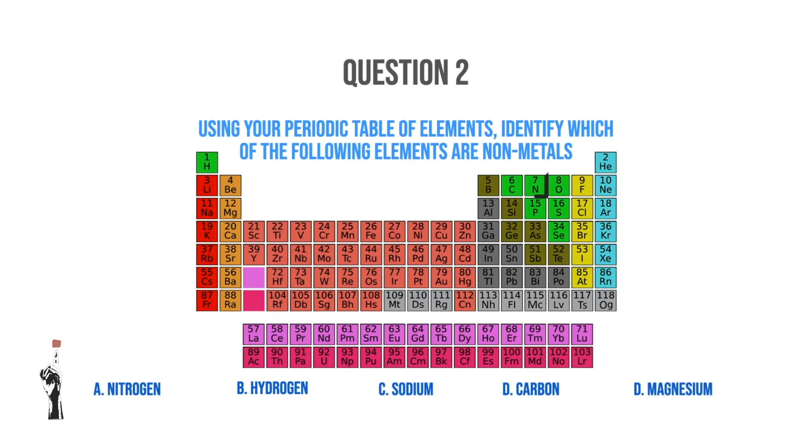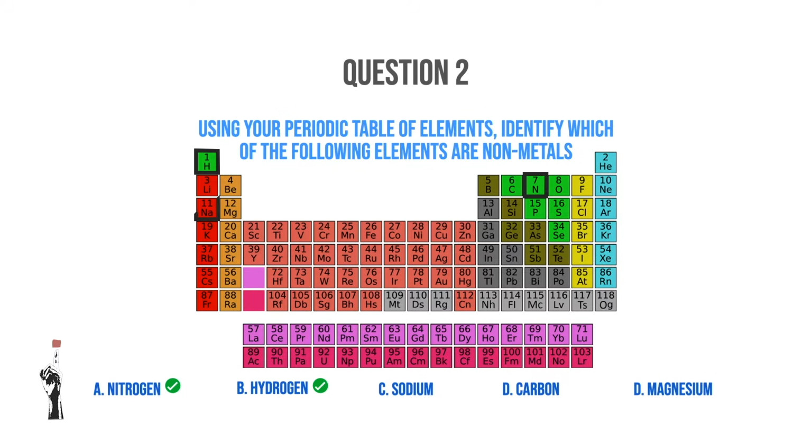Nitrogen is located on the right-hand side of our periodic table, and this means that nitrogen is a nonmetal. Hydrogen is located on the left-hand side. However, remember that in grade 8, we told you that hydrogen is on the left-hand side due to its atomic structure. But hydrogen is a nonmetal.